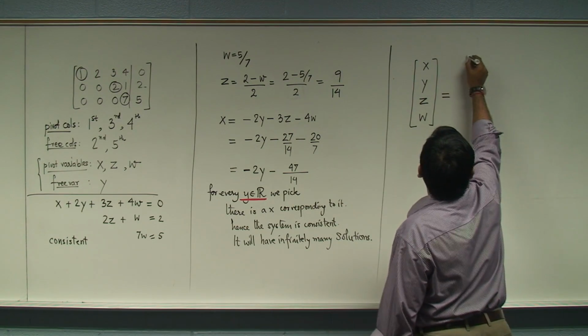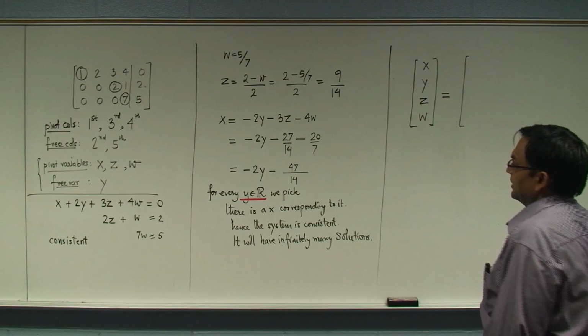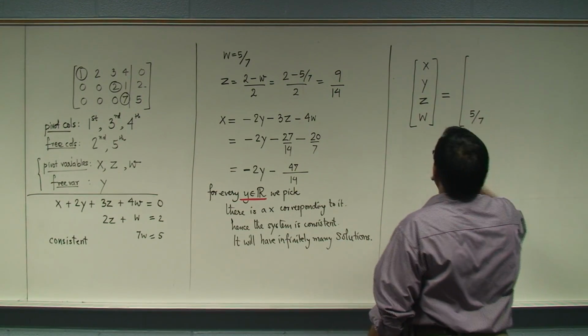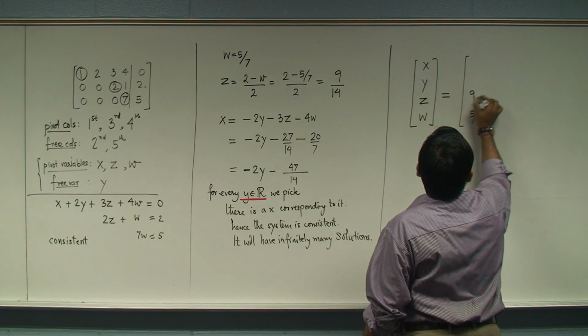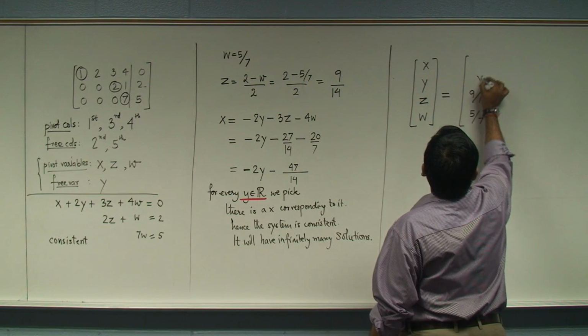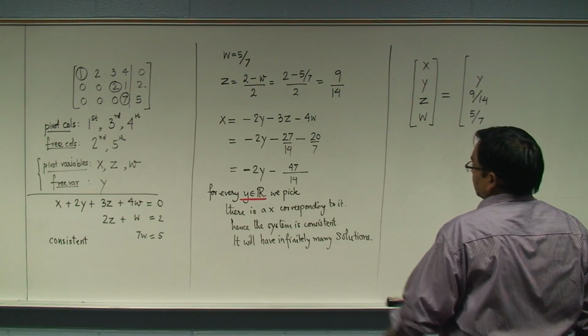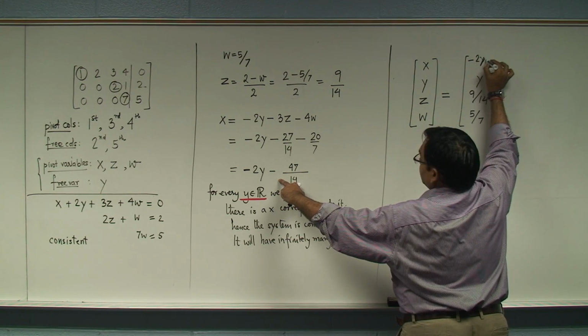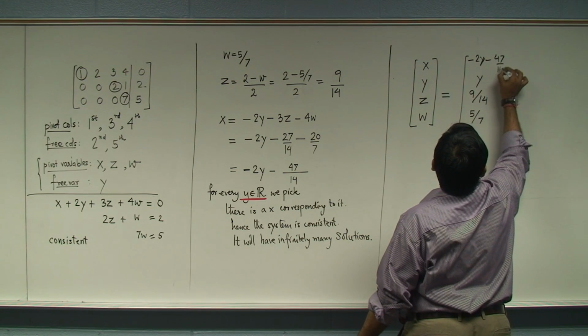And see how it turns out to be so nice for us. Remember we said w is 5/7, so this is 5/7. z is 9/14, so this is 9/14. y is free, so we'll just let it be y. And x is minus 2y minus 47/14.